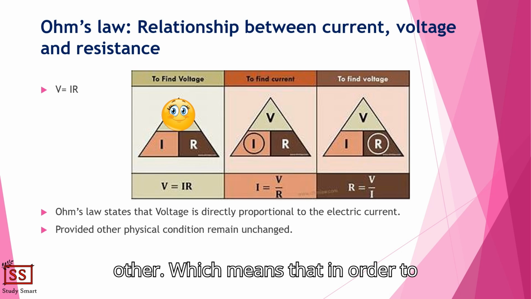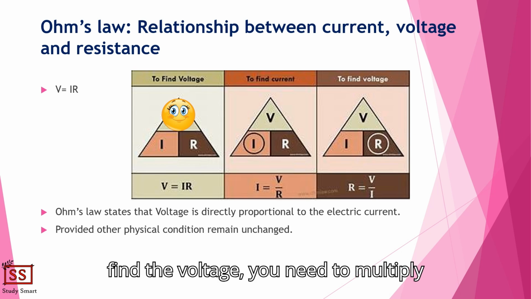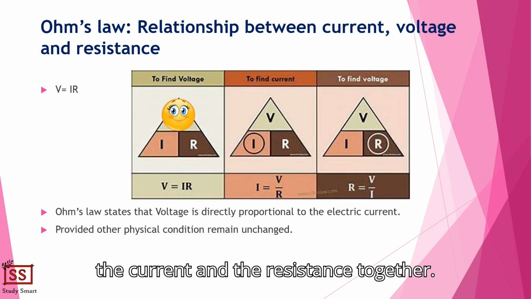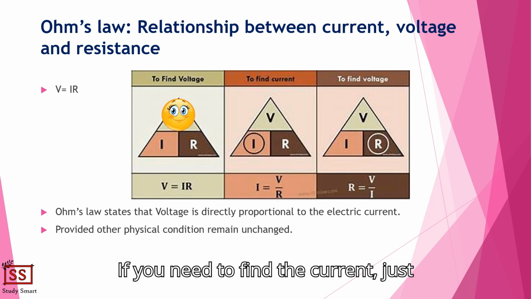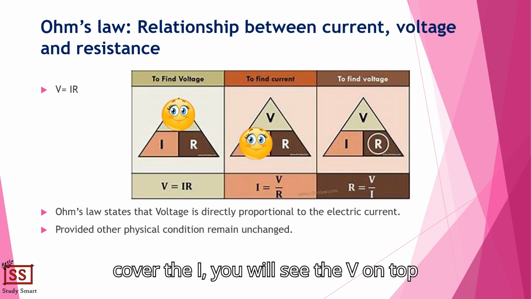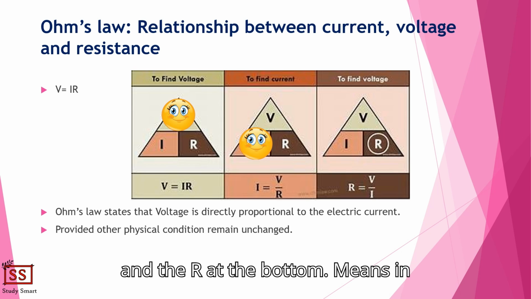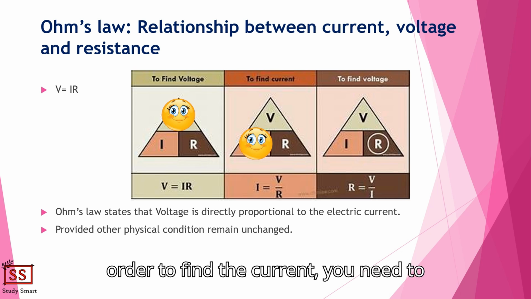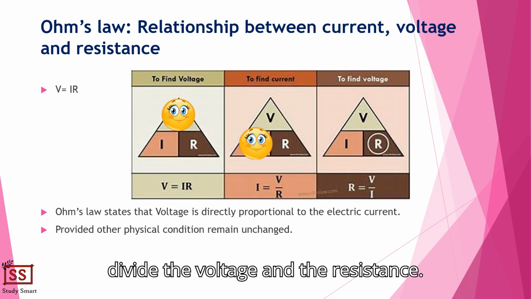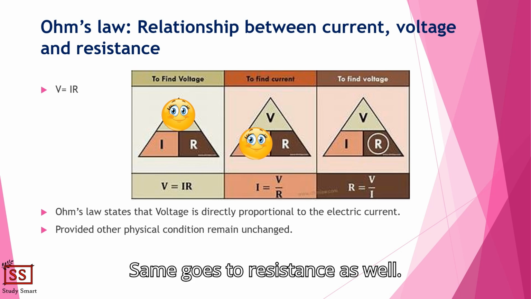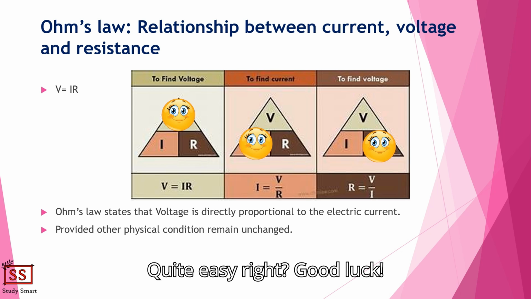Which means that in order to find the voltage, you need to multiply the current and the resistance together. If you need to find the current, just cover the I, you will see the V on top and the R at the bottom. Means, in order to find the current, you need to divide the voltage by the resistance. Same goes for resistance as well. Quite easy, right? Good luck!